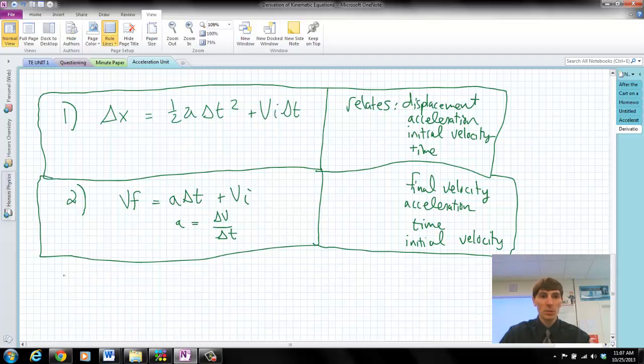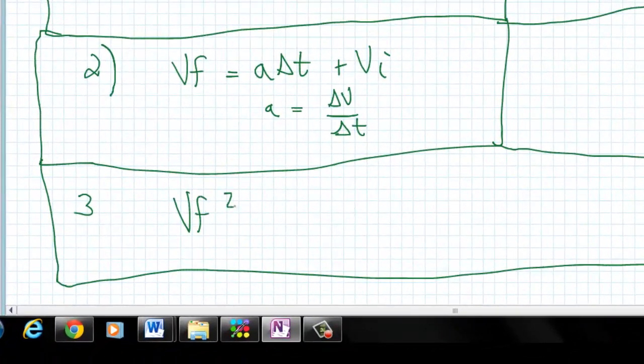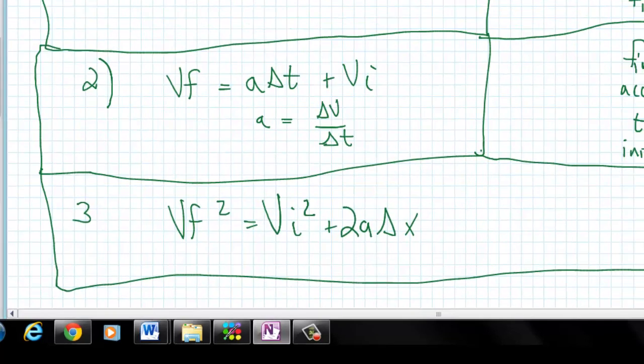The last equation is the one that we just derived, the one that doesn't have time. So Vf squared equals Vi squared plus 2a delta x.